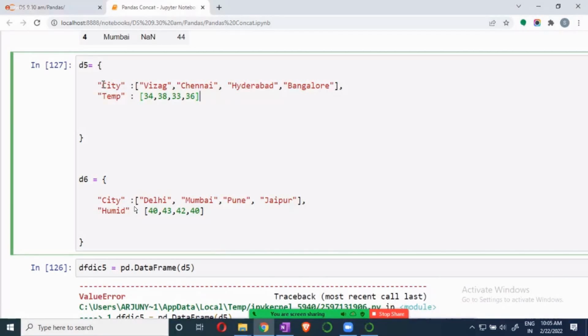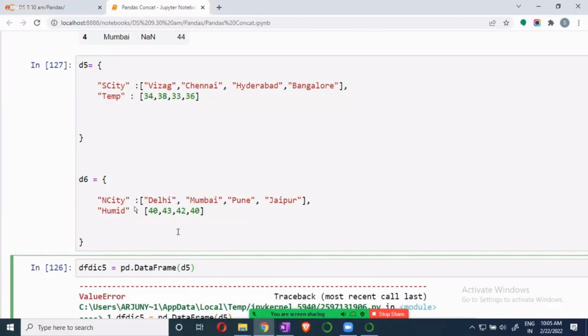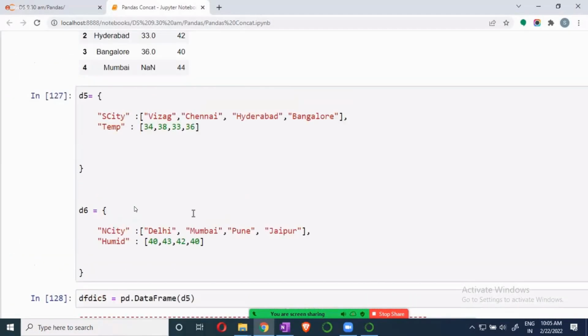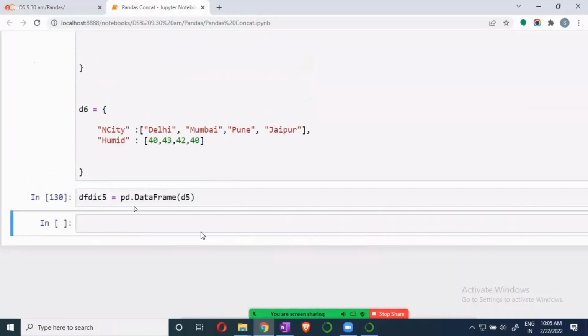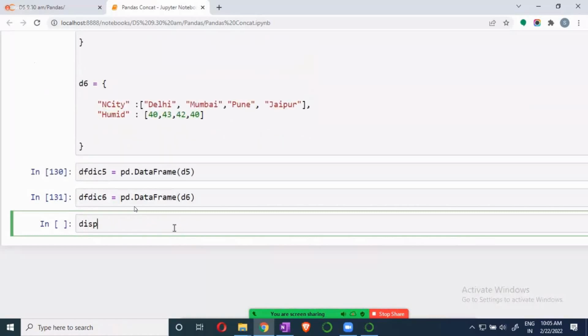Okay, one thing, let me change it. This is south cities. This is north cities. Okay, let me do it like this. Now, if I do this, what happened again? This was not taken out. Okay. DF DIC 6 is equals to pd.DataFrame of D6. I will give it this. Okay. Now both are present over here.